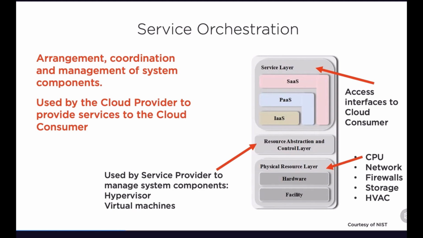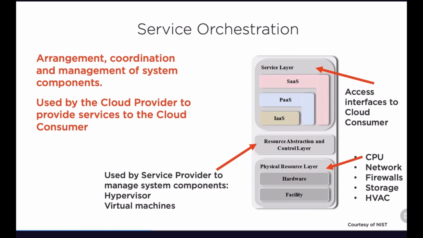We can see that we've divided this up into three major levels. The service layer, which provides access interfaces to the cloud consumer or user. And of course, that varies a little bit depending on the type of model, whether it's software, platform, or infrastructure as a service. We then have the whole idea of the cloud is really resource abstraction. The user does not need to know or even be aware of the type of hardware being used to support cloud services.